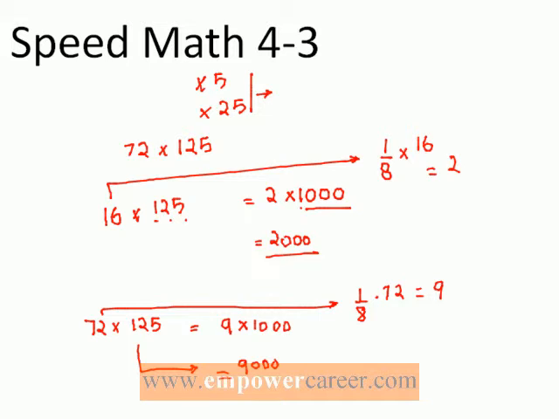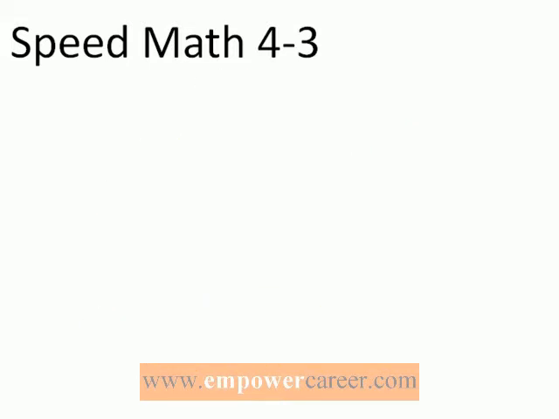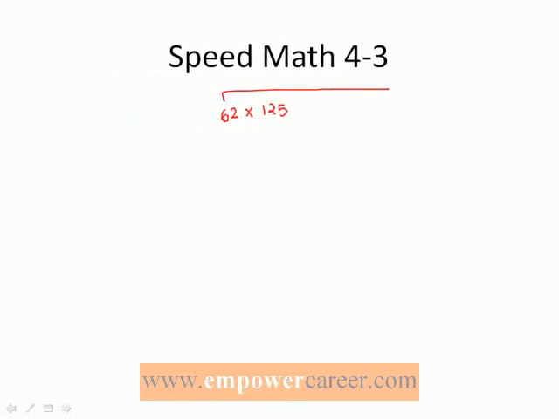Let me take another example which will slightly differ from this. Let's say I have a number 62 and I need to multiply it with 125. Well, as I said, all you need to do is 1/8 of this, but I'm not sure how do I calculate 1/8 of 62. Well, there are two ways of doing it. You could actually calculate and find out for yourself. This is, of course, another way.